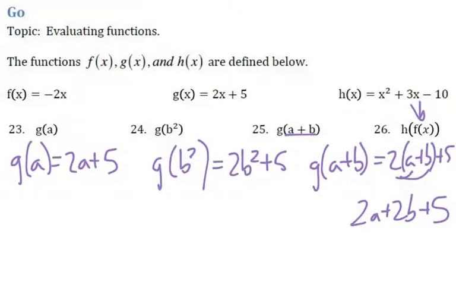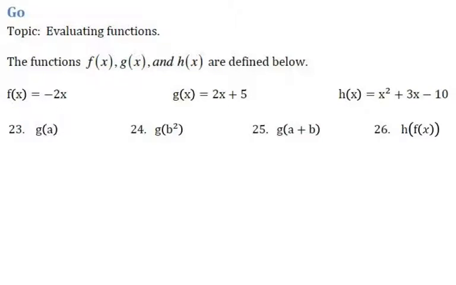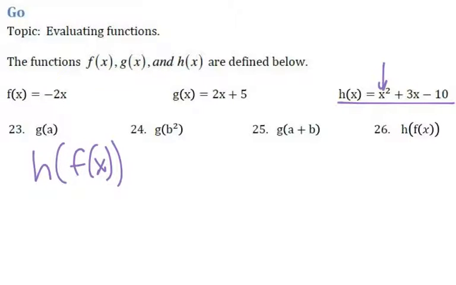Now the tough one is doing 26, right? So this time we're taking h of x as our base. And inside of all the x's, so 1, 2, and I guess technically 3, we're replacing it with f of x. And that's f of x.